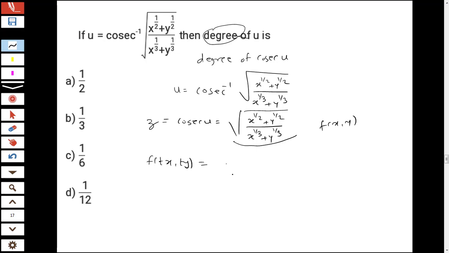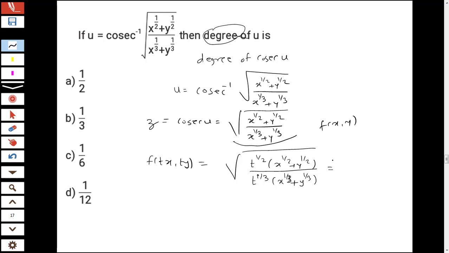will be equal to under root t raised to 1 by 2 into bracket x raised to 1 by 2 plus y raised to 1 by 2, replacing x by tx, y by ty and taking common, divided by t raised to 1 by 3 into x raised to 1 by 3 plus y raised to 1 by 3.